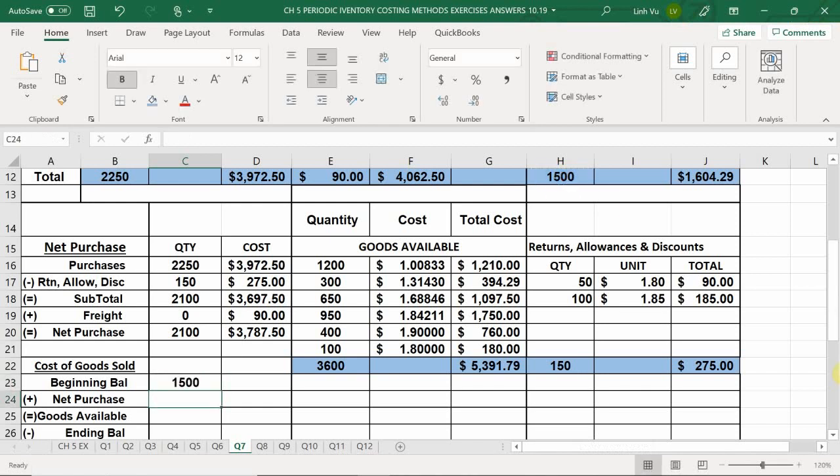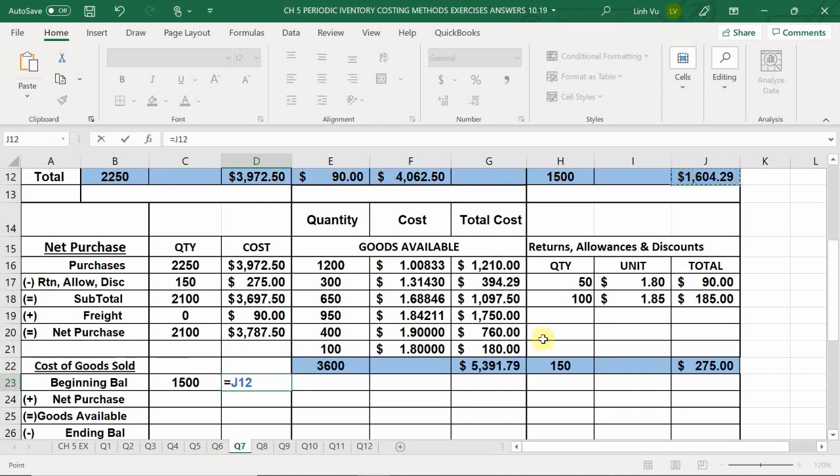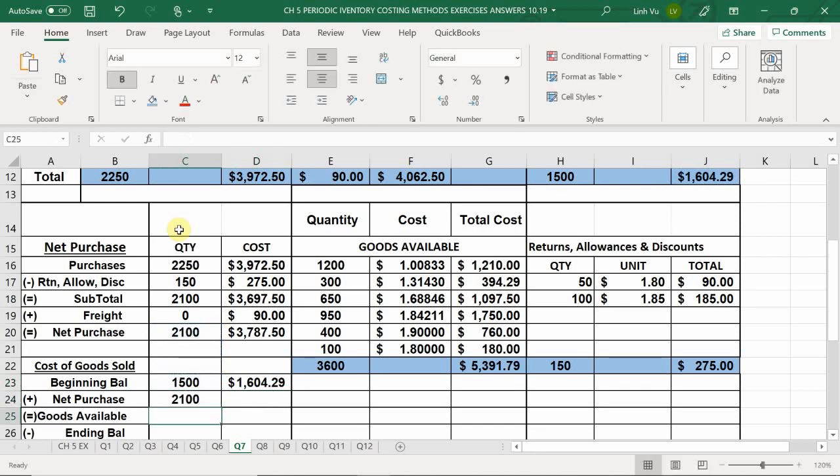So once again, do I have beginning inventory? Yes, I do, for the 1,500 units. What was my total cost of my beginning inventory? $1,604.29. Good, right? We're going to carry my net purchases that I solved from the previous section above, and I'm going to get my total goods available by adding these two numbers up.